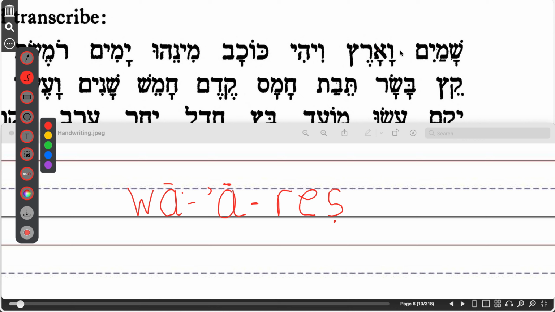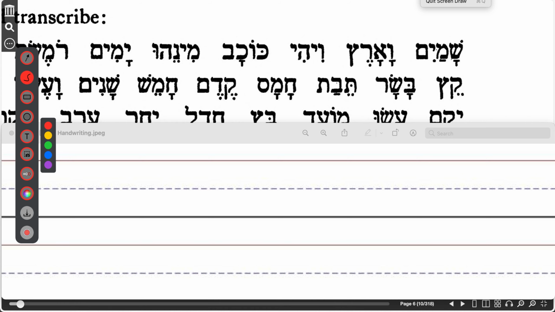These two words right here come from Genesis 1:1. So that's this part. You take the Hebrew characters and what you do is you write out the English transliteration value. Okay? So what comes next?